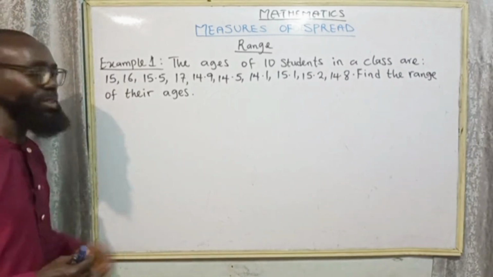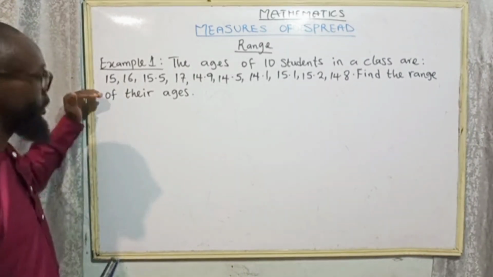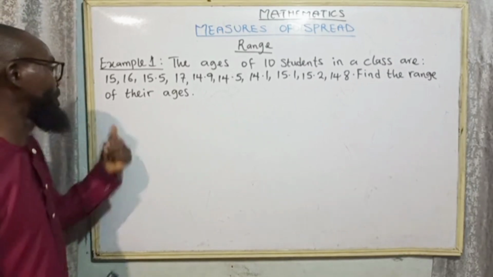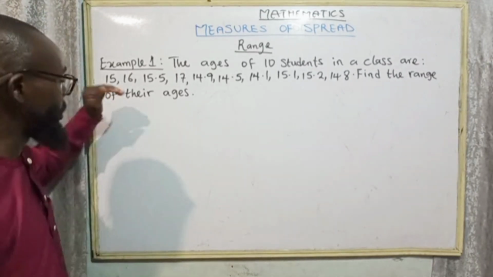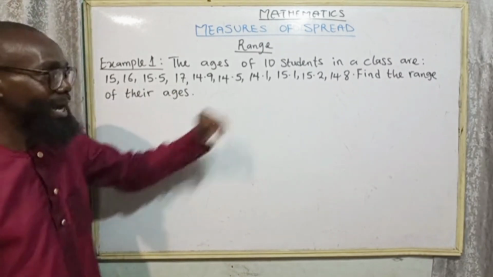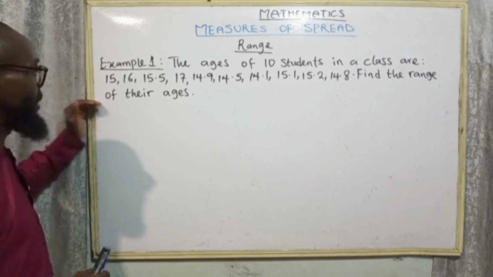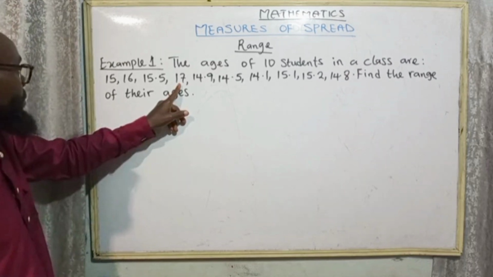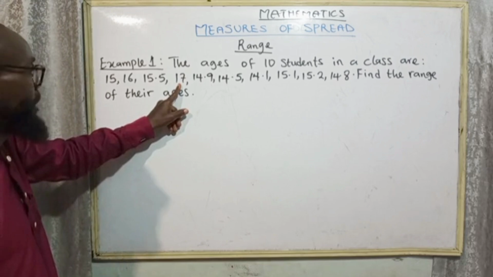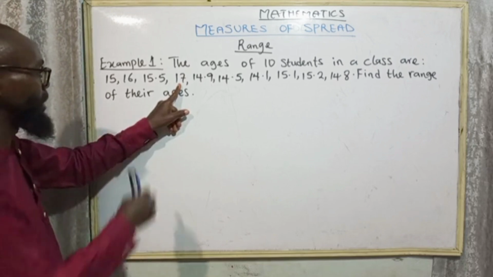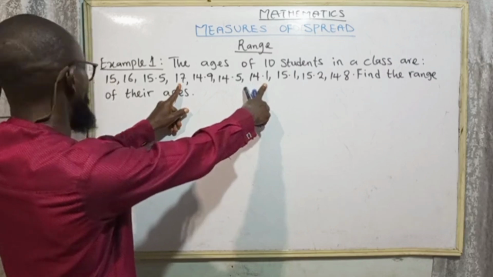Example 1. The ages of 10 students in a class are given below. Find the range of their ages. The first thing is we need to know the highest value and the lowest value here. Let's look at it very well. The highest value here is 17, and the lowest value is 14.1.